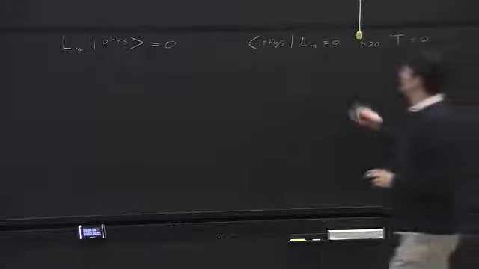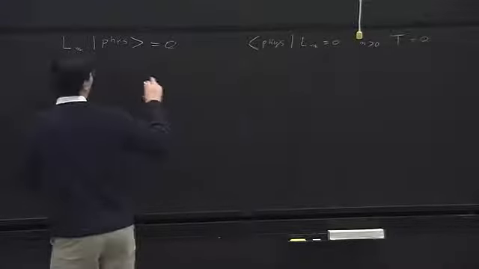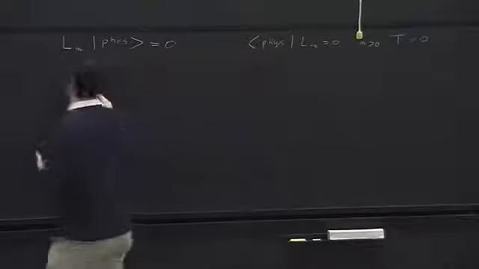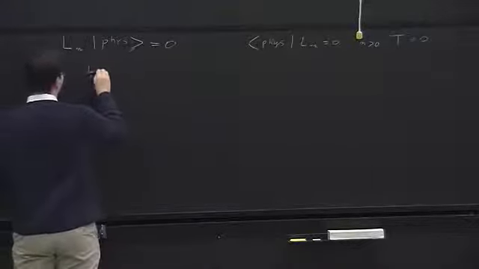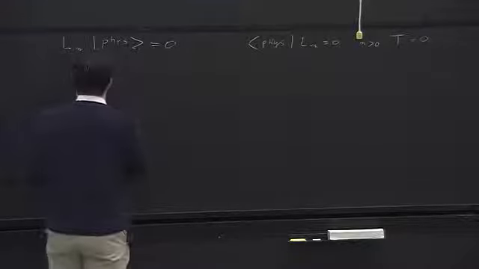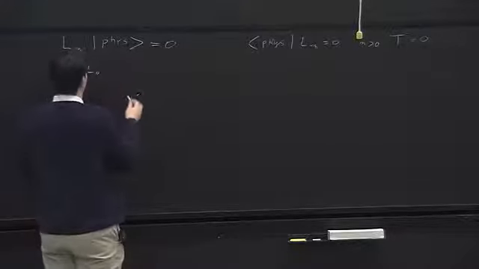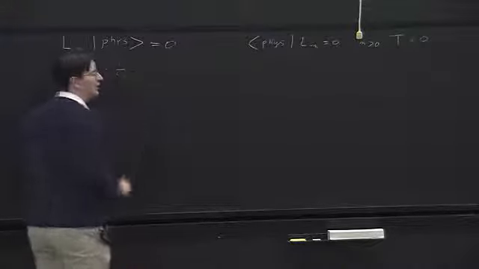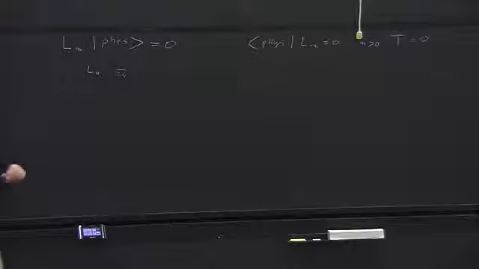Now, I said it about the L_n's. I didn't write anything about L0. So you would expect I should put something like L0. The 0 mode of the stress tensor was L0 minus 1/24 for a single scalar.